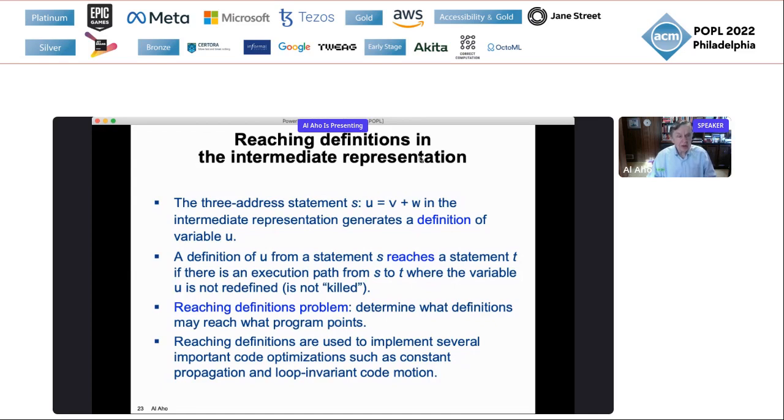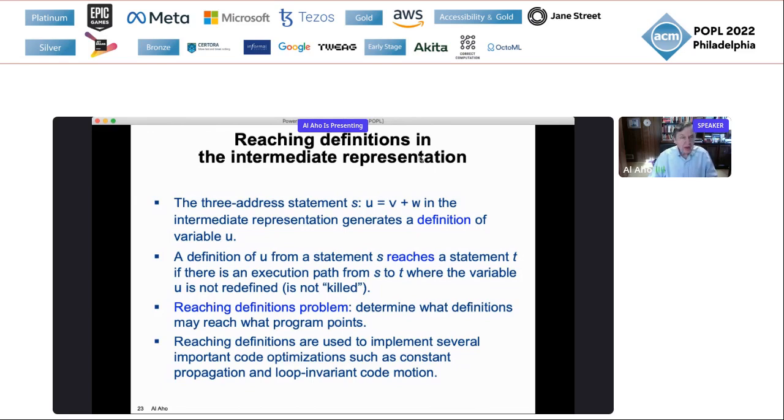In the parlance of code optimization, we say it's not killed. The reaching definitions problem is to determine what definitions may reach what program points. And reaching definitions are used to implement several important code optimizations, such as constant propagation and loop invariant code motion.